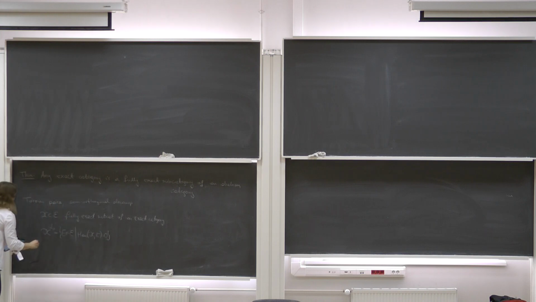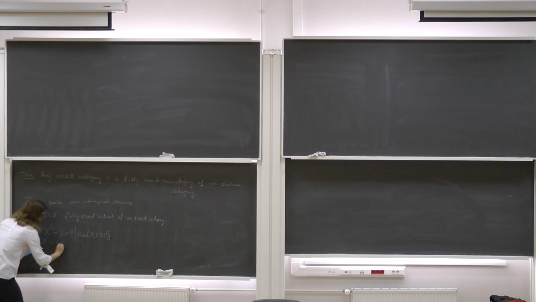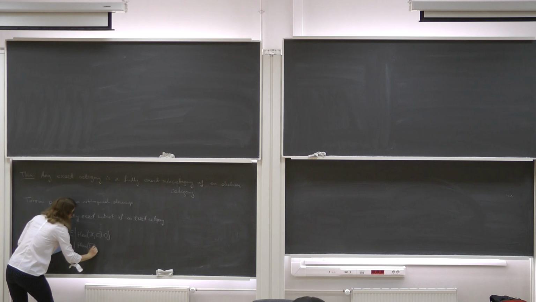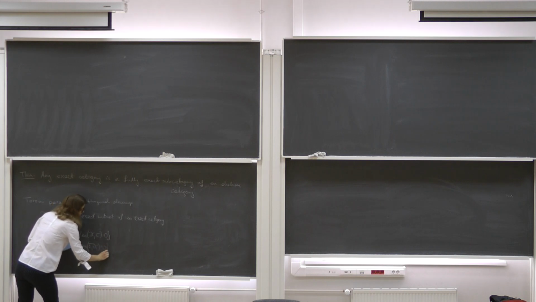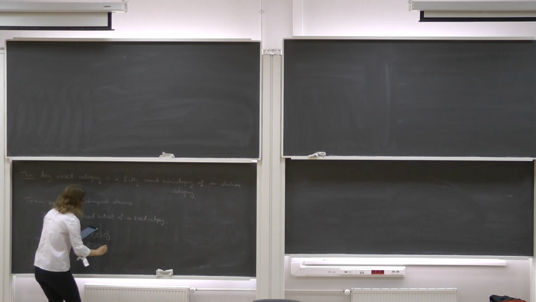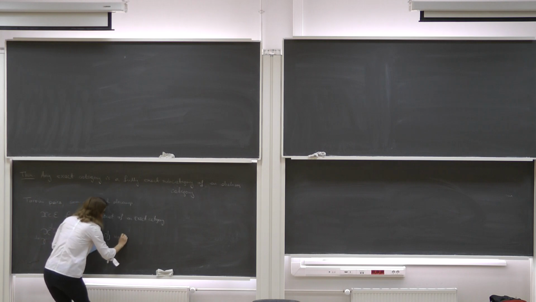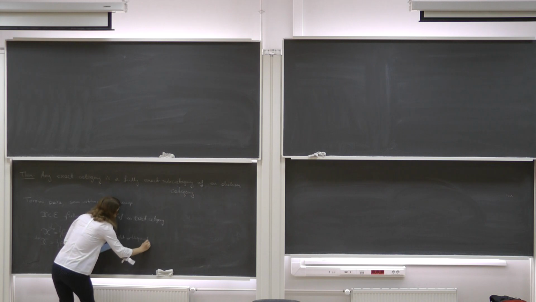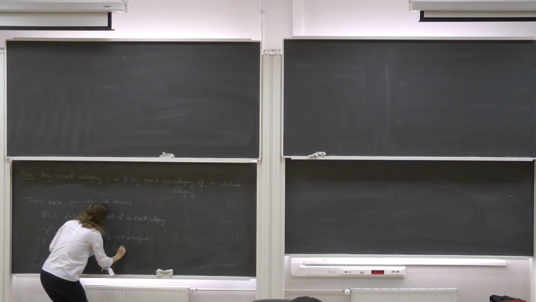Or I can consider the other orthogonal, so these are all E such that there are no Homs from E to X. This one is right orthogonal, and this one is left orthogonal.